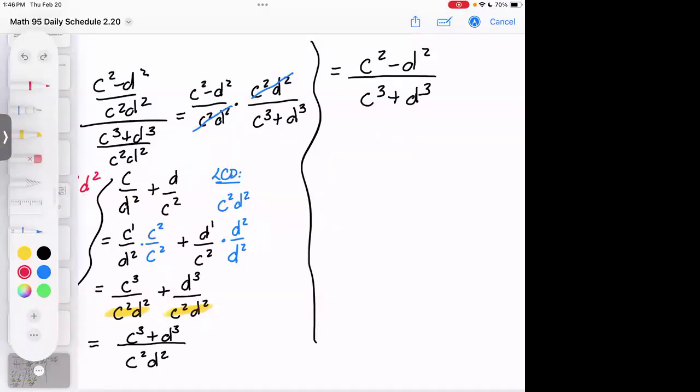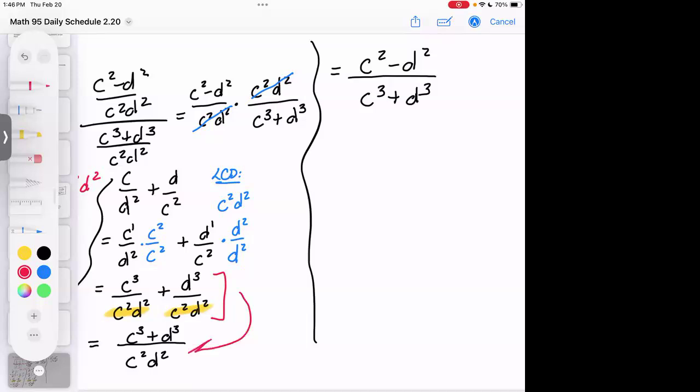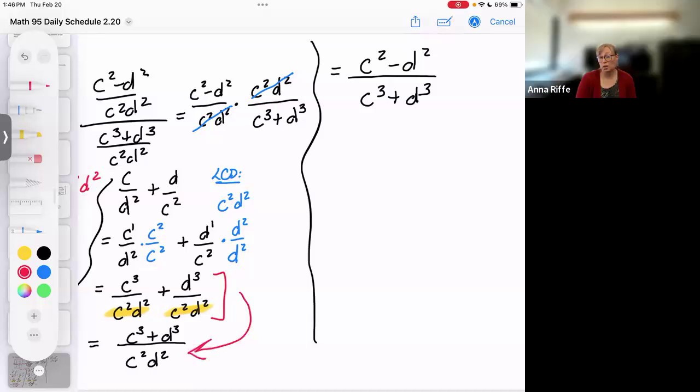It does matter. When we went from the two separate fractions here, c cubed over c squared d squared plus d cubed over c squared d squared, we rewrote them as a single fraction. They have that common denominator of c squared d squared, but c cubed and d cubed are not like terms, so I can't just put them together.